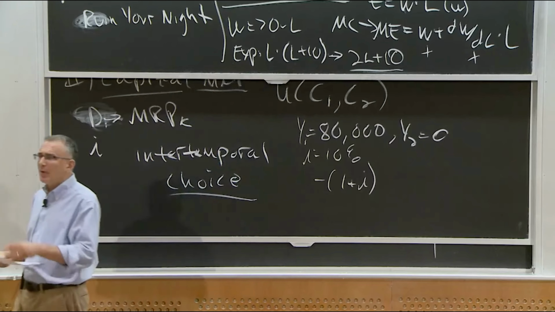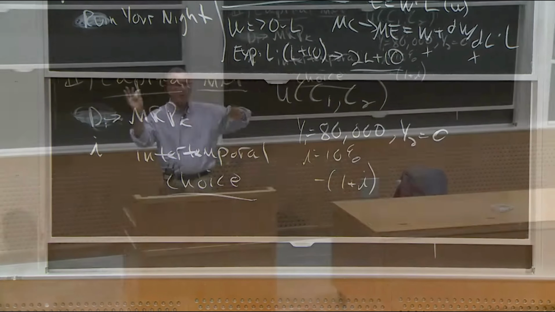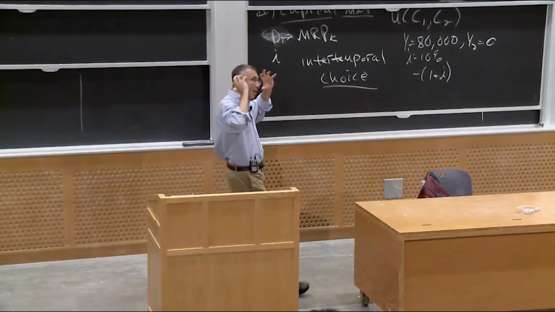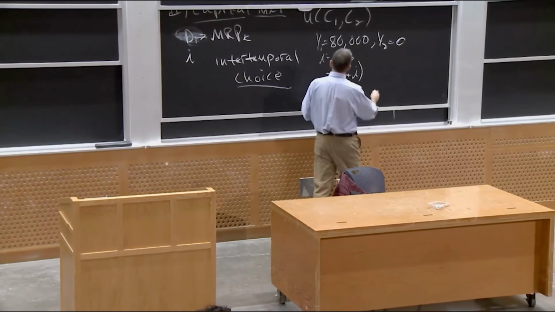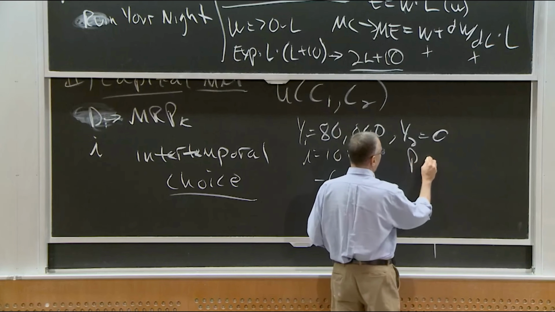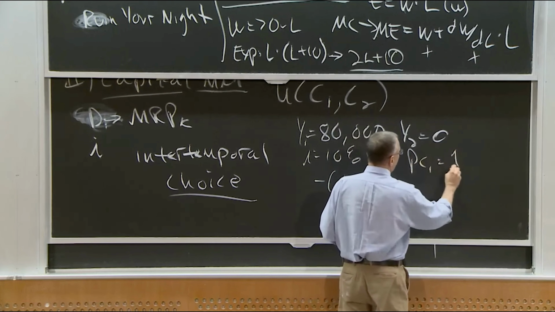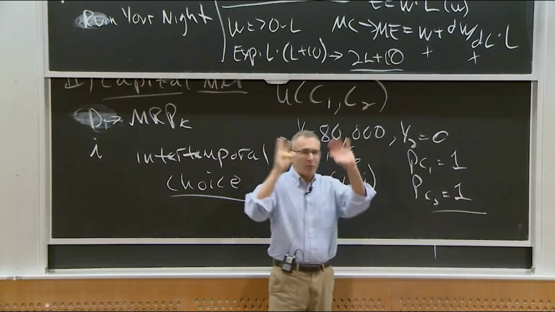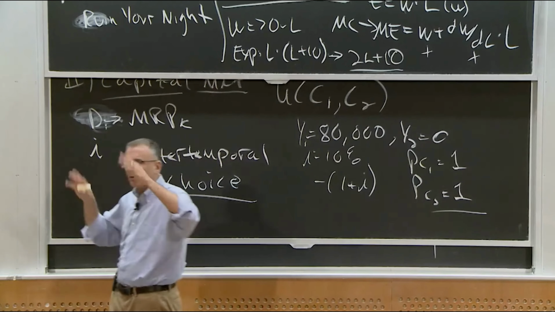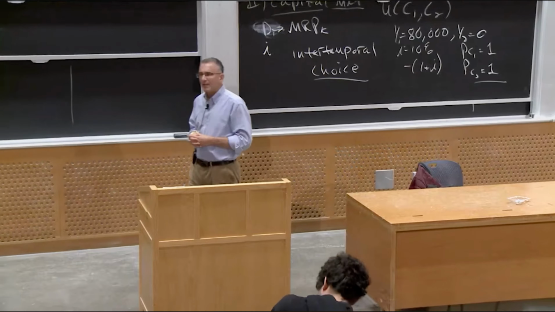Once again, I assume all goods have a price of 1. We're not getting to the price of goods. This is, what is the relative price of first period consumption? So assume the price of consumption in period 1 is 1. The price of consumption in period 2 is 1. We're normalizing everything to make our math easy, throwing prices out. We're thinking in terms of goods effectively here.